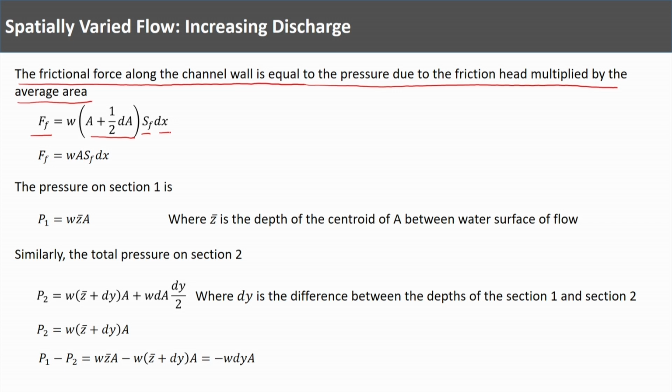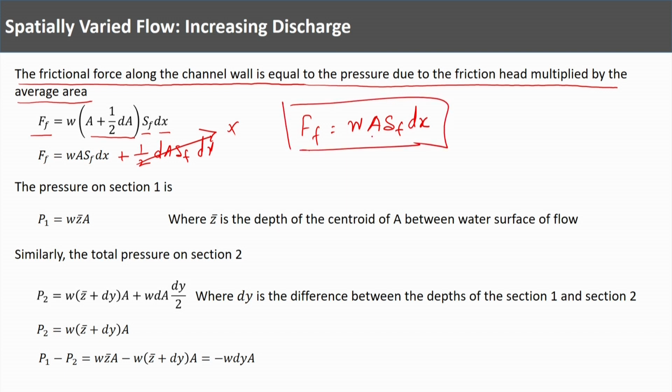In this case also, if I neglect the half dA SF dx term, then I am getting FF equal to W A SF dx. Okay, so I am getting this.